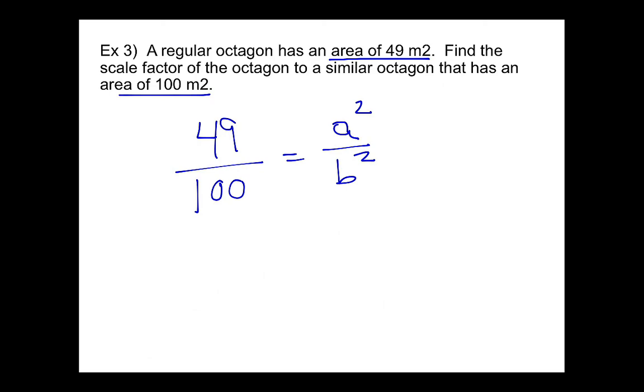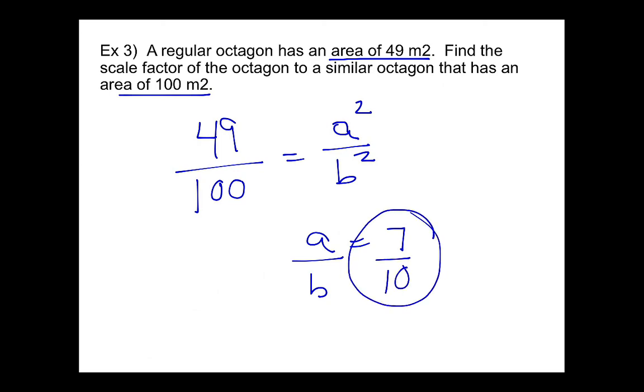So if A squared has to be 49, then A has to be 7, and if B squared is 100, then B has to be 10. So the original scale factor is 7 over 10 for the sides and the perimeter, but the area ratio is 49 over 100. Very simple idea. Let's see if we can use it on some practice examples.